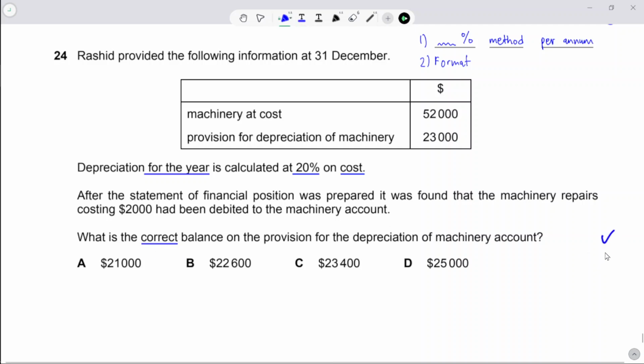So tick correct at right. Okay, this one has been debited, so it's the incorrect one. So this one, machinery repair, is the correct one.